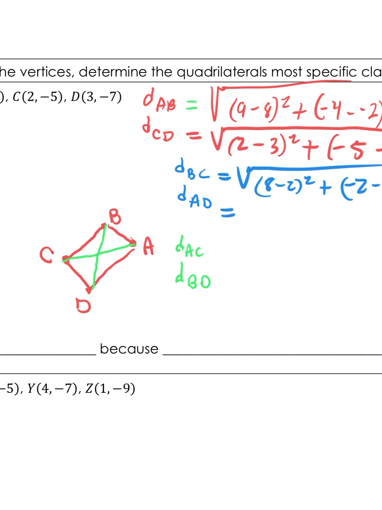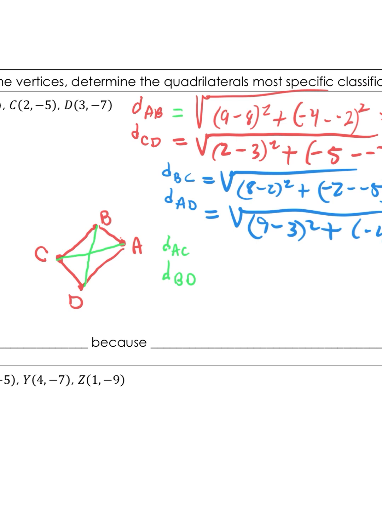And then the distance for AD, we're working with this point over here, A, and this point right here, D. So the square root of (9 minus 3) squared plus (negative 4 minus a negative 7) squared. Let's do that math quickly. 9 minus 3 is 6, squared is 36.